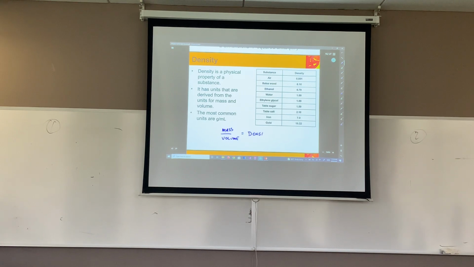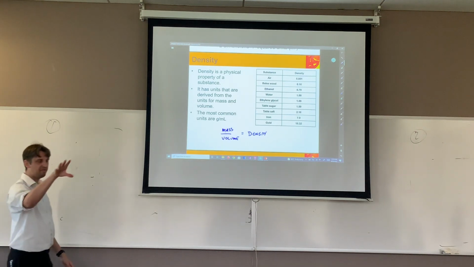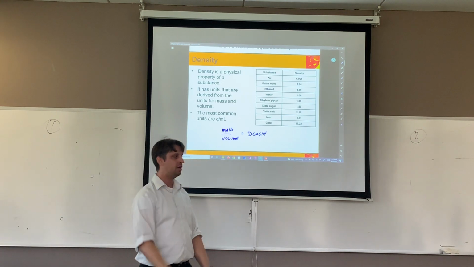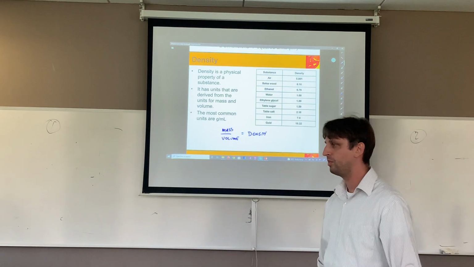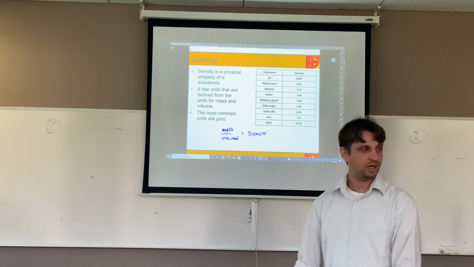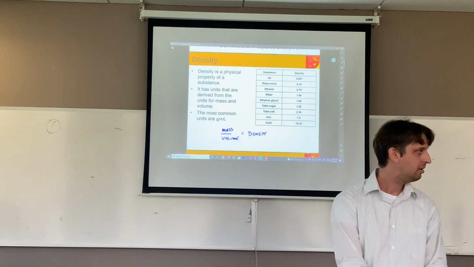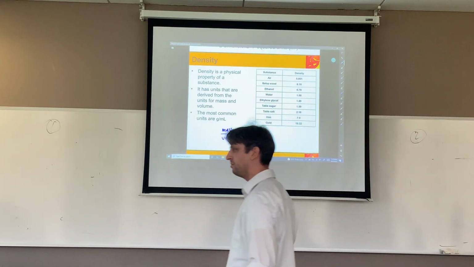Or what they're trying to tell you is the density of that substance. So if we have a unit of mass over volume, they're talking about the density. The DMV: density, mass, volume.